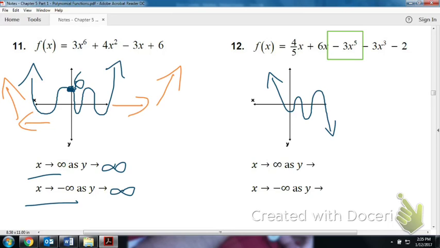And Mr. Hunter was better this time about making the y-intercept at a feasible position. And last but not least, as x approaches infinity, as x is going to the right, y is going down. So y is approaching negative infinity. As x approaches negative infinity, basically as x goes left, y goes up. So y is approaching positive infinity.